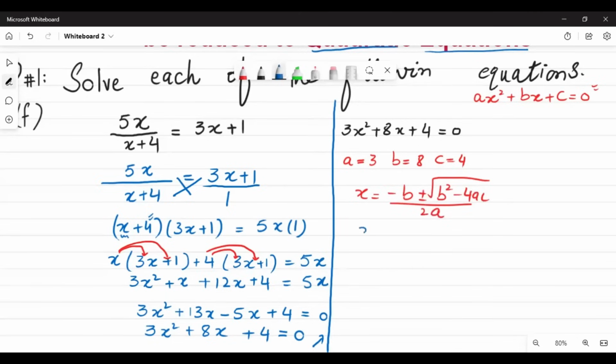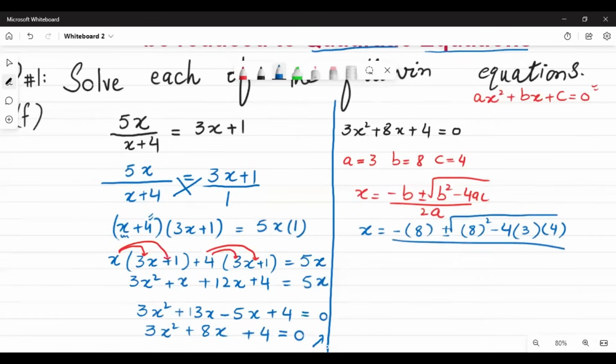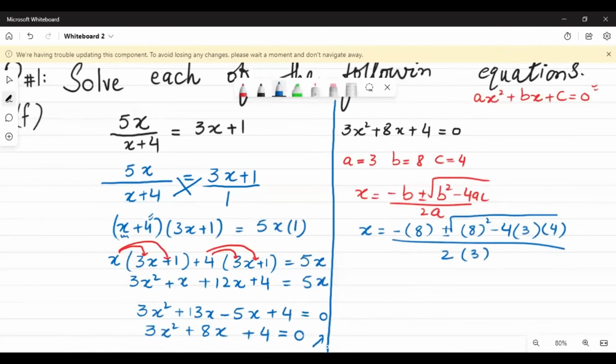Substitute the values. The negative sign stays the same, write the b value in brackets, which is 8, plus minus the square root of 8 squared, minus 4, a is 3 and c is also 4, divided by 2 times a, which is 3.